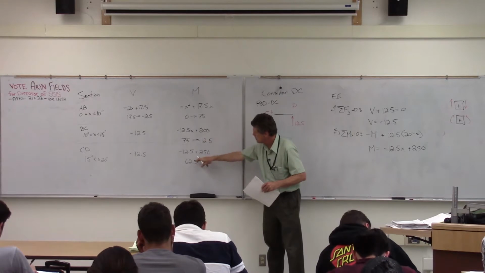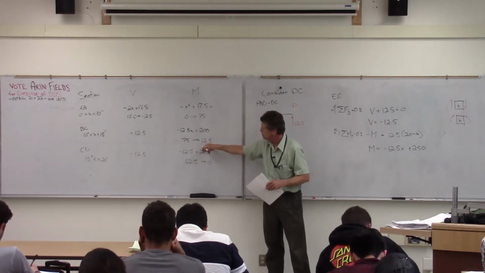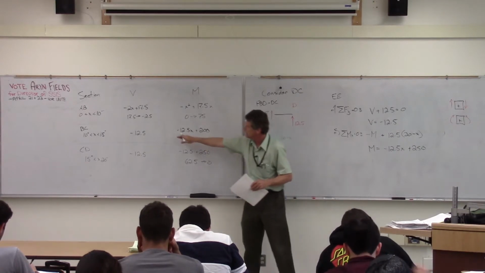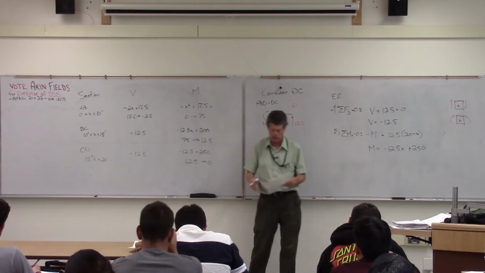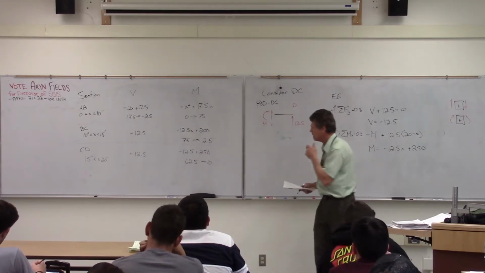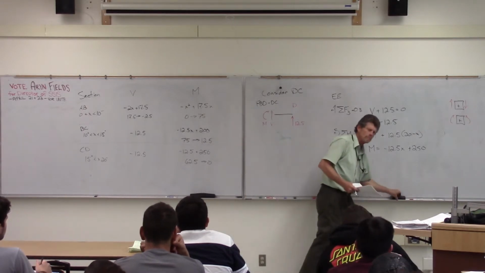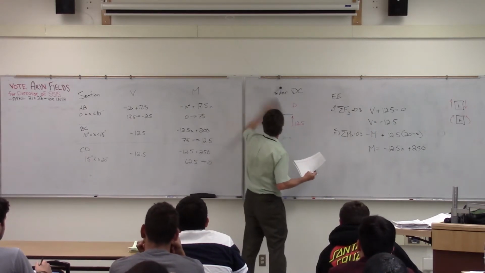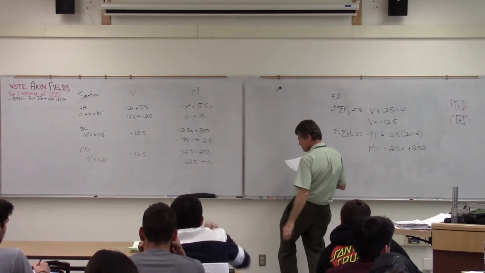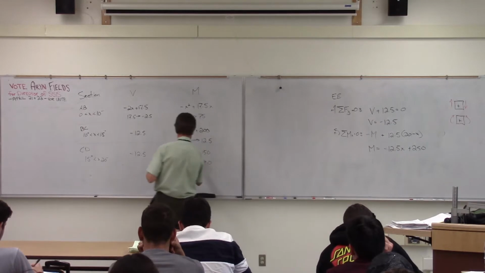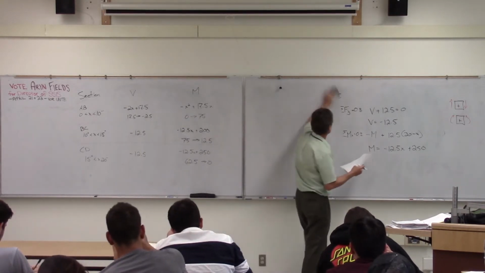There is a jump in my moment diagram because it ended at 12.5 in section BC, but when I start CD, it starts out at 62.5. What could that mean? Isn't there minus 12.5x? Oh, yeah. Oh, thank you. My x's are disappearing on me.